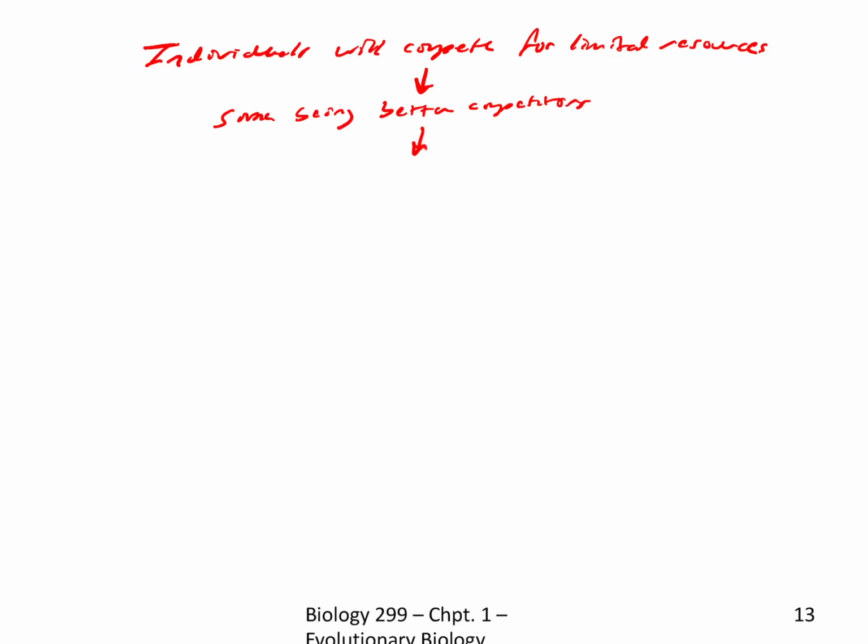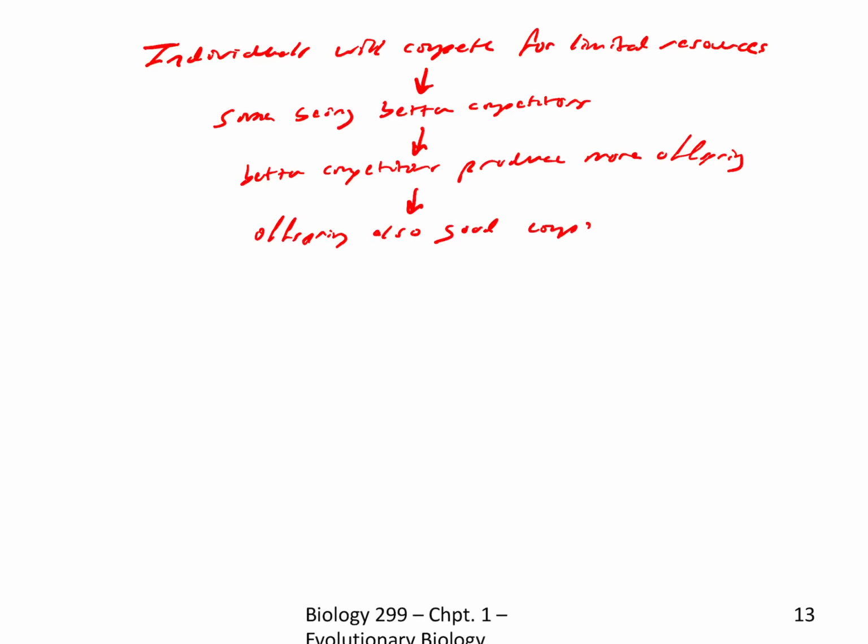Okay. This in turn means that those better competitors should end up producing more offspring. So better competitors produce more offspring, and because of heredity, which Darwin didn't really understand, as we'll see, those offspring are also going to be good competitors because they inherited that ability from their parents.